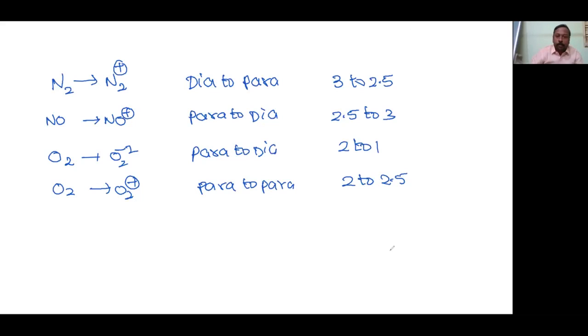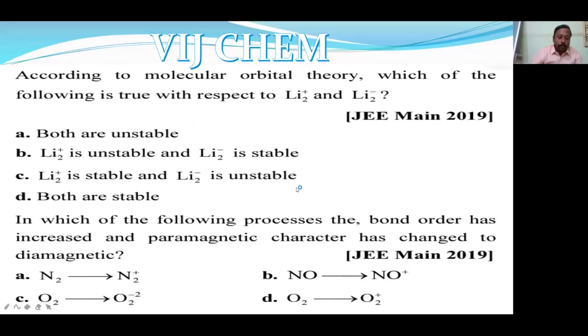So in our question, which matches? They want that bond order has increased and paramagnetic changed to diamagnetic.